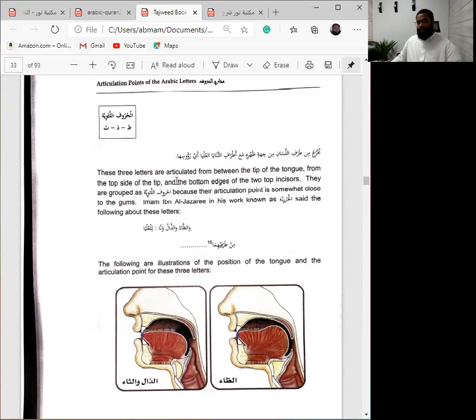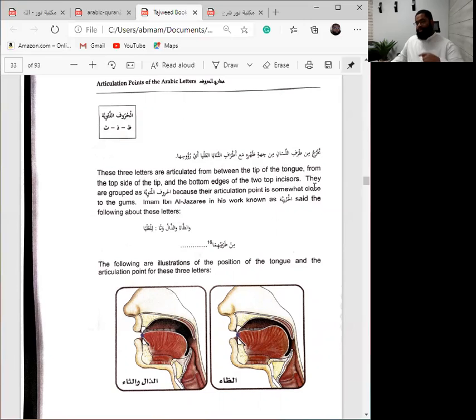So these three letters are articulated from the top side of the tip of the tongue and the bottom edges of the two top incisors. So you're putting your tongue out between the top incisors.